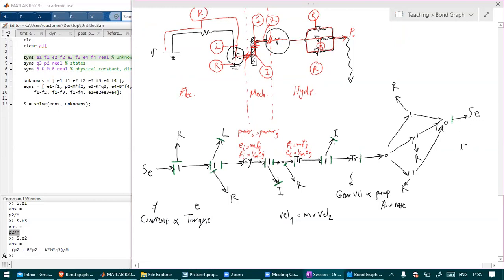Effort is defined here, that's a zero junction. Since the effort on one port is known, the effort on the other ports is known now.